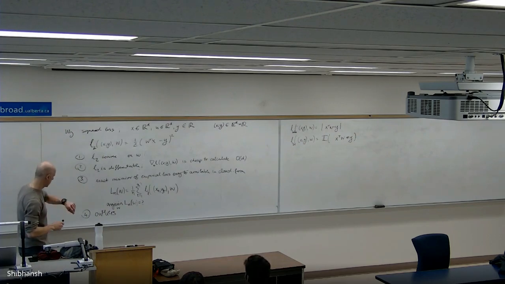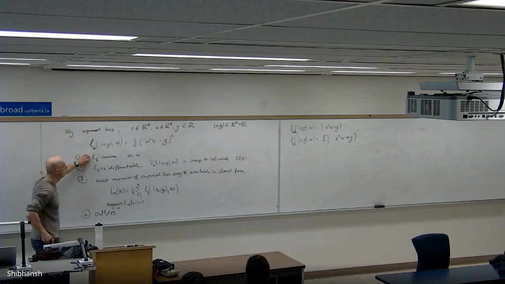So very quickly, we're running out of time. How about L1? Is it convex in W? Okay, a little homework. It's convex. Is it differentiable? It's not differentiable. Is it a big deal that it's not differentiable? Why?